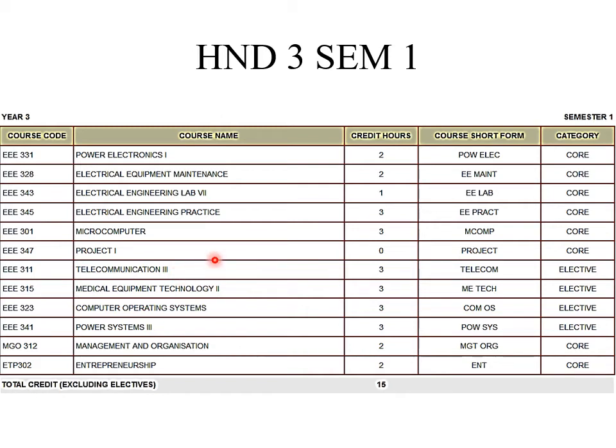And you should leave other electives. And in HND Year 2, Semester 2, if you choose Medical Equipment Technology, then you have to choose Medical Equipment Technology in this semester, okay, and leave the rest of the electives, okay. Similarly, it is applicable for computer engineering and power system engineering, okay.